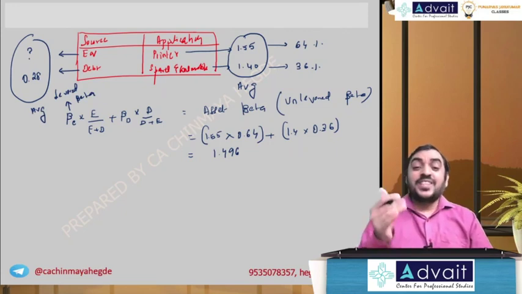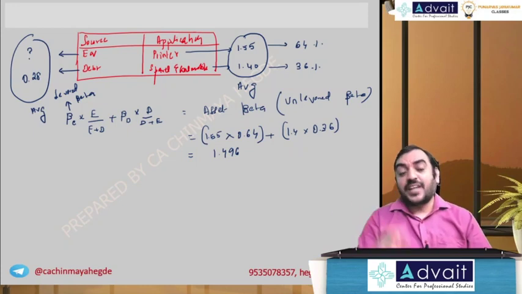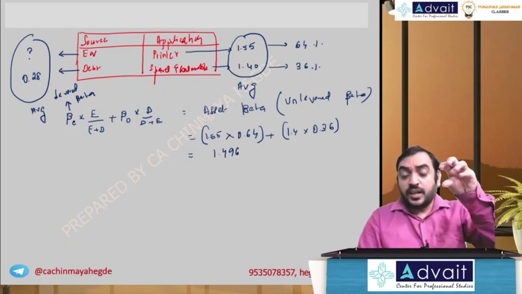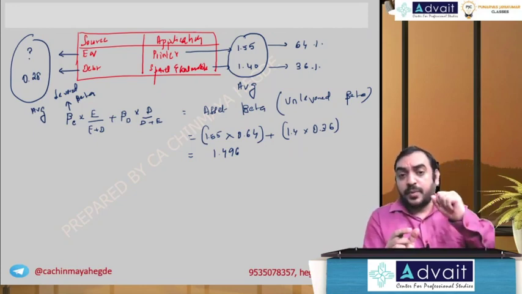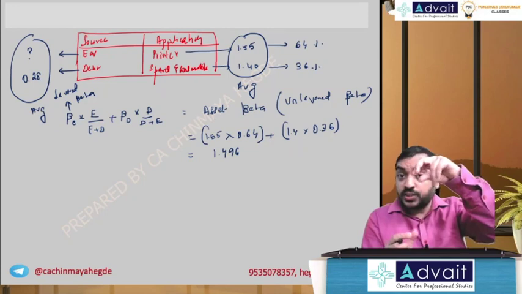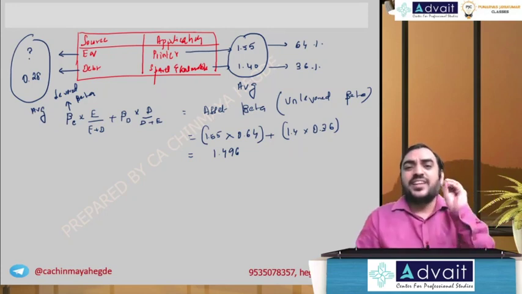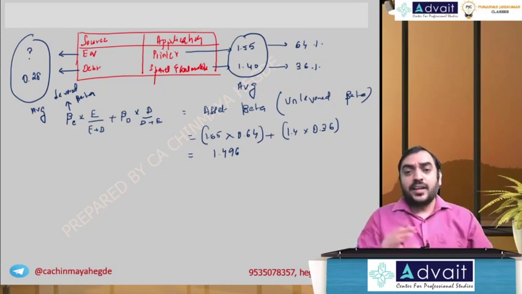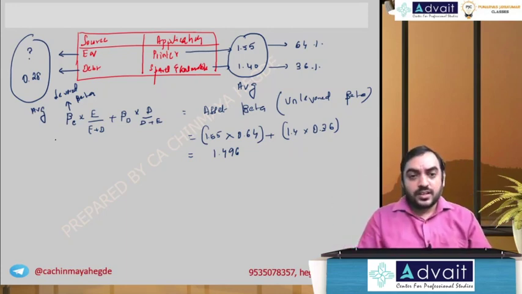If any tax information is there, I will not take just the debt. I will take it after tax, because you get an interest tax benefit. So it will be equity by equity plus debt into 1 minus t, and in the second part, debt into 1 minus t divided by debt into 1 minus t plus equity. Wherever debt is there, I replace it by debt into 1 minus t. So this is what I want to calculate: beta of equity multiplied by equity.